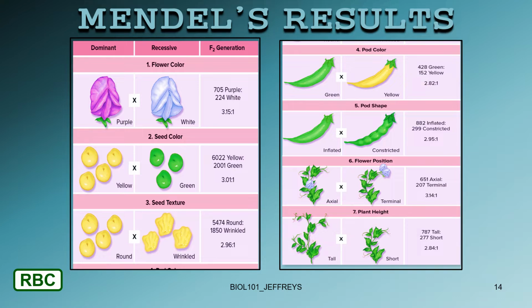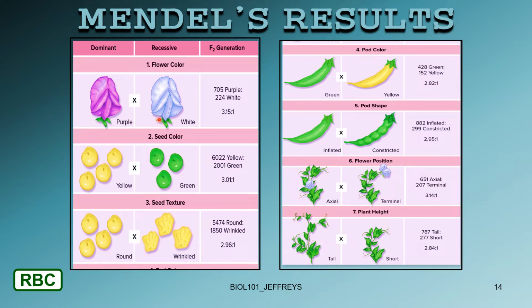And so you can see that when he did this, the total number down here are the total number of offspring that he ended up with. And then what he did, right, this has purple flowers crossed with white flowers.